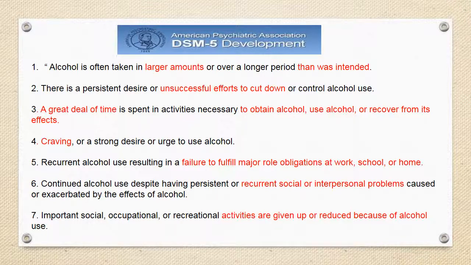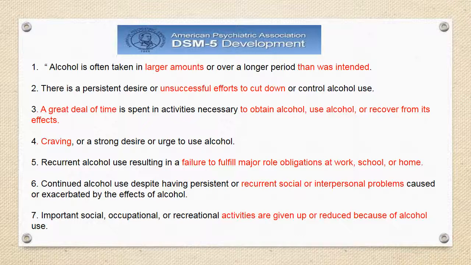So they can either take alcohol in larger amounts than was intended. There can be unsuccessful efforts to cut down. A great deal of time may be spent trying to get alcohol, use alcohol, or recover from its effects, such as hangovers. A person with alcoholism also experiences cravings.